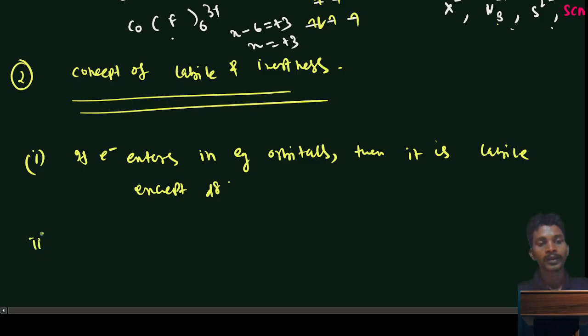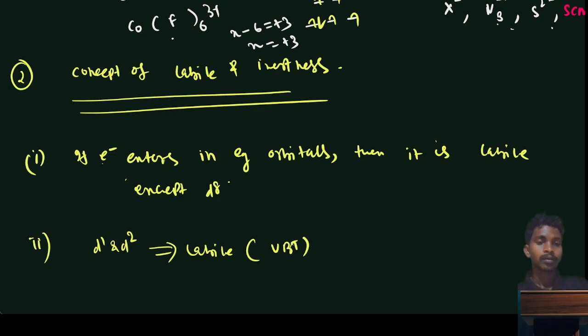And second, according to VBT, d1 and d2 are labile. This is an exception, but this is explained by VBT.